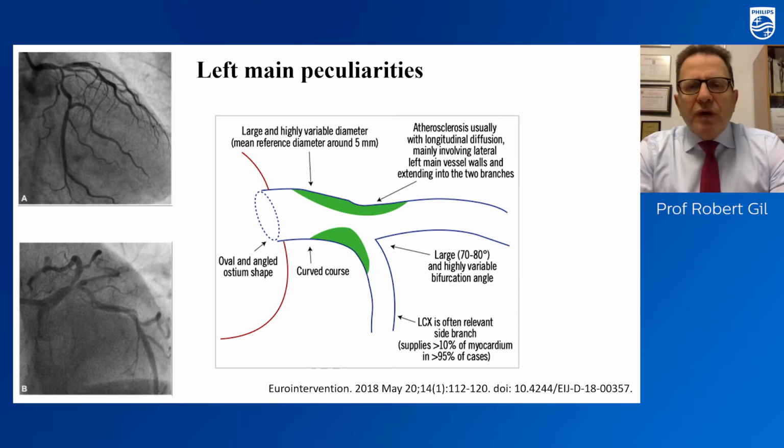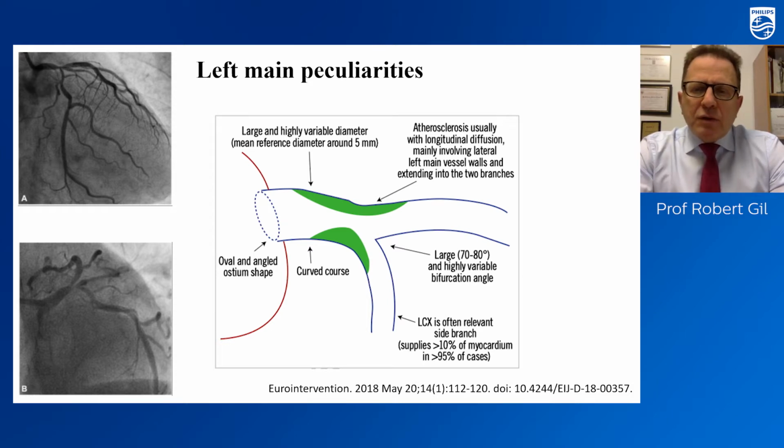Of course, we have to remember that left main is a special animal. We know a lot of peculiarities regarding this most important part of the coronary vasculature. We have to remember that atherosclerosis usually presents with longitudinal diffusion.